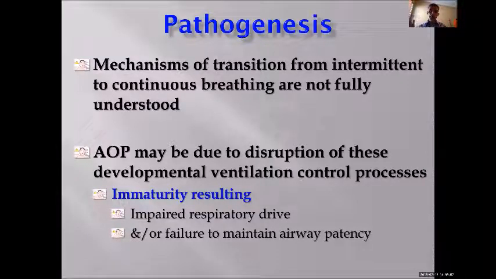So when you disrupt this transition process due to immaturity, you get apnea of prematurity. And this interruption might be due to interruption of respiratory drive centrally, or it might be due to inability of the premature baby to maintain the patency of the airways.